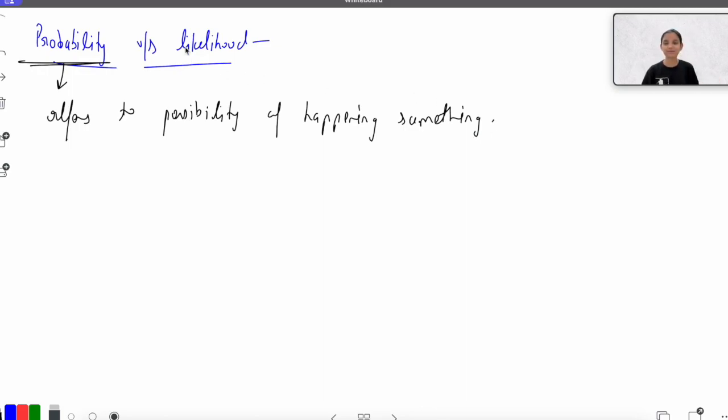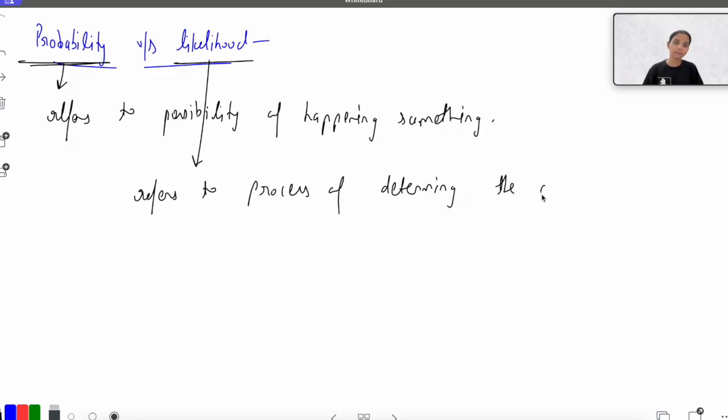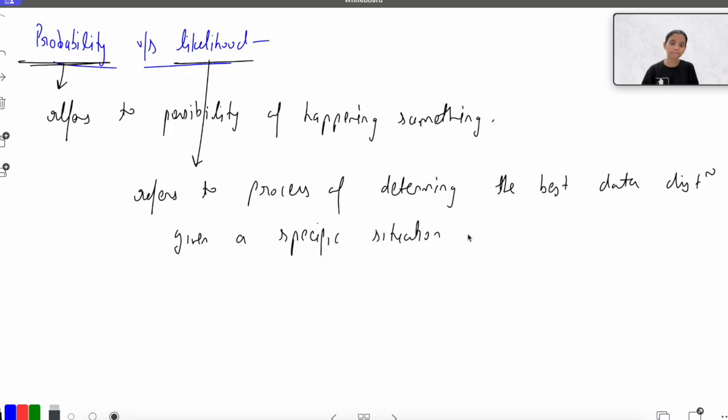And when we are talking about likelihood, it refers to the process of determining the best data distribution given a specific situation in data.